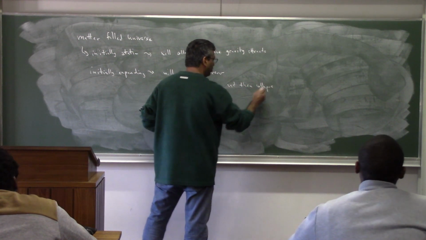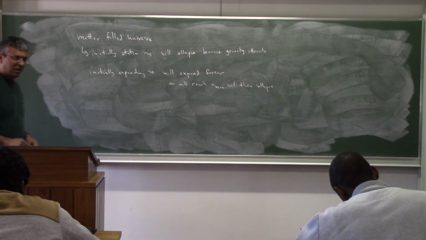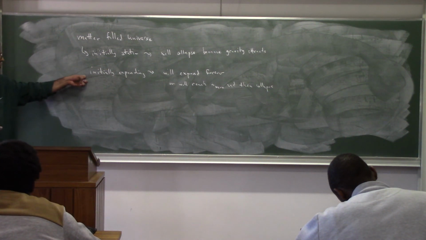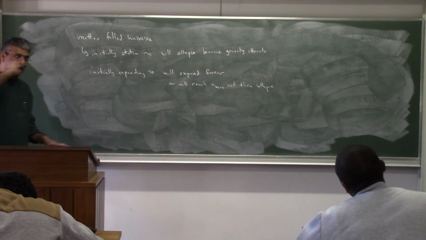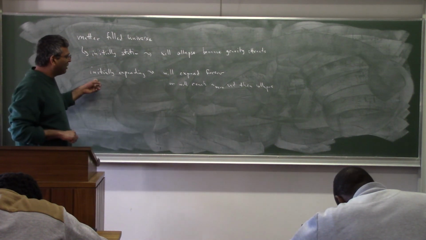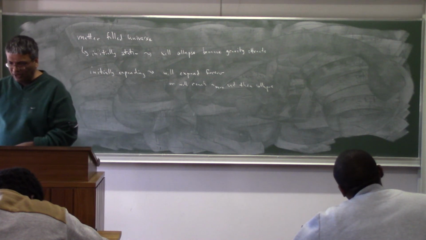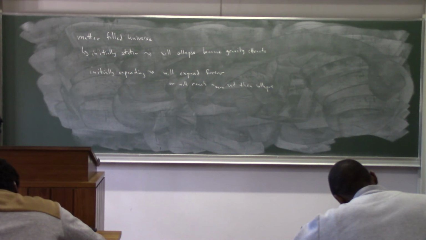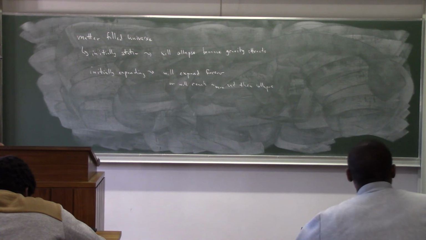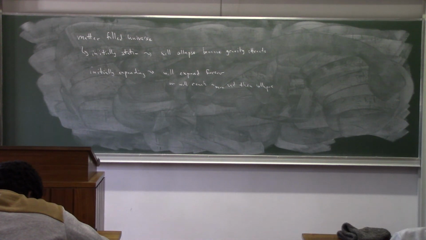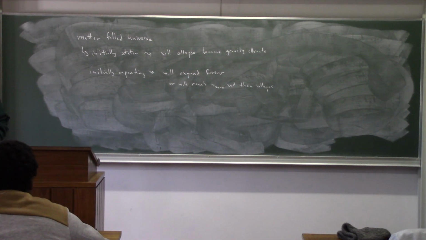And this is analogous to escape velocity. If the expansion is sufficiently fast to begin with, it will keep expanding. If it's not expanding sufficiently fast, it will reach a maximum, and then the attractive force of gravity will cause it to collapse. So Einstein's puzzle then was how to create a matter-filled universe that doesn't either expand or collapse.